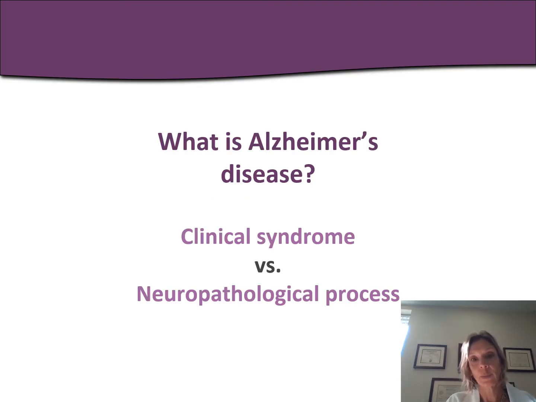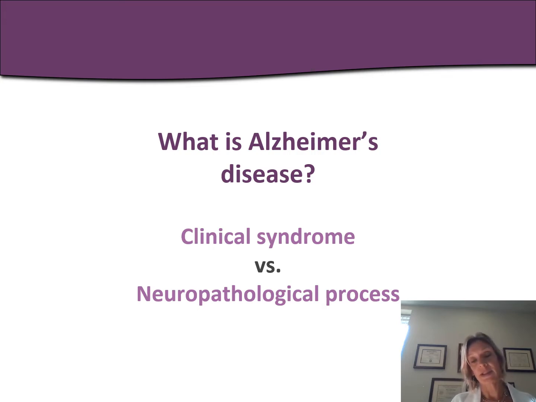To begin, it's important to understand how we categorize Alzheimer's disease. Alzheimer's disease is a diagnosis that historically has been made based on clinical symptoms, and more recently, as we have more data and information based on all the research that's been conducted on Alzheimer's disease, we think of it a lot by its neuropathological process.